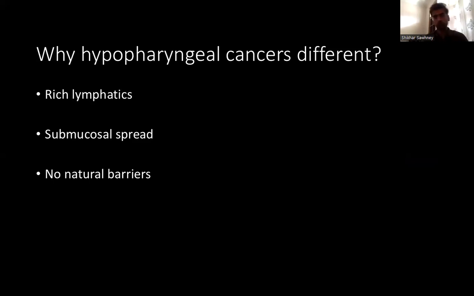Now, we all know why hypopharyngeal tumors are worse tumors to have compared to laryngeal ones. The answer again lies in the anatomy. Hypopharyngeal cancers in the submucosa have rich lymphatics. Therefore, there is early lymphatic spread of these.